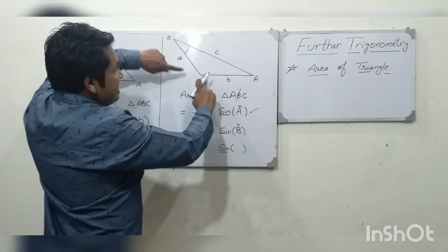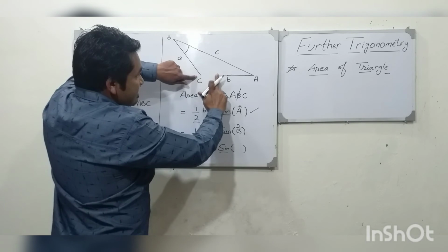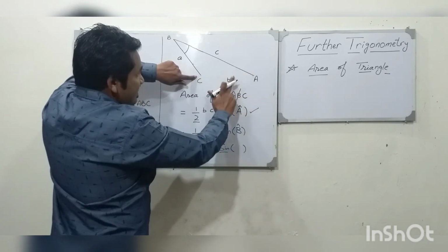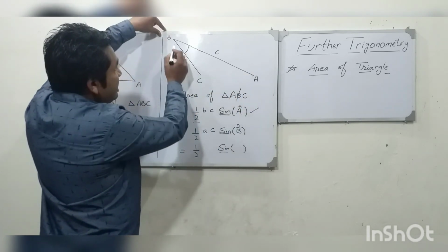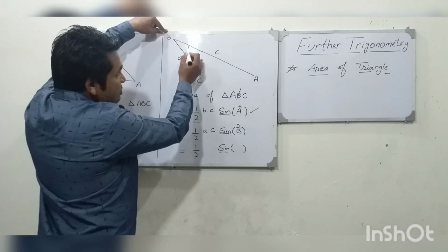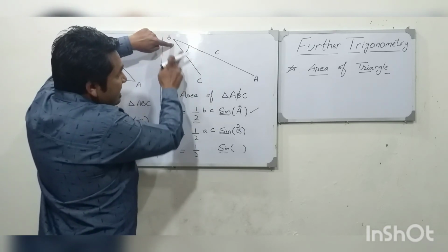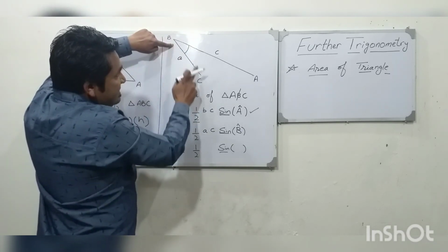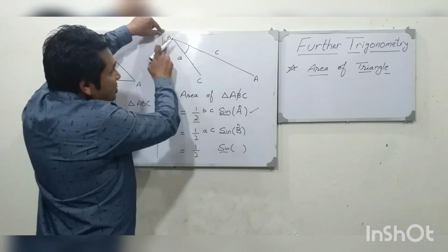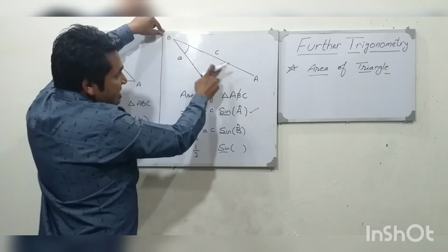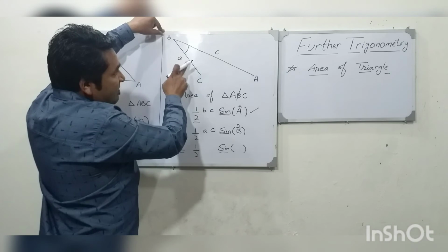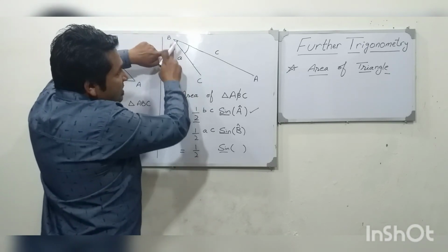And now you can see that if I erase this line, the angle was given at this vertex, and these are the sides which are sharing this common vertex. It means these are the adjacent sides. So I hope you are getting it.